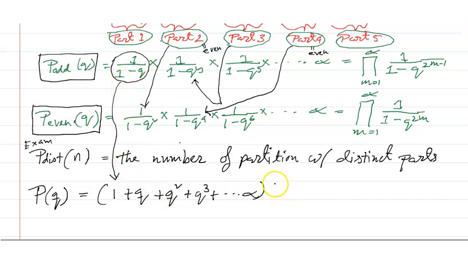So into 1 plus q square plus q to the power 4 plus q to the power 6 plus up to infinity, 1 minus 1 by q square.